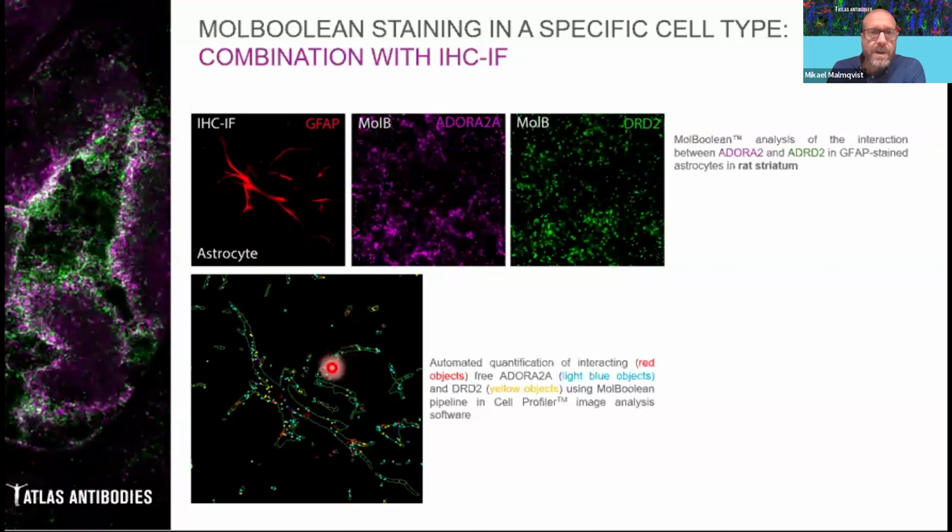And during MolBoolean image analysis, you can choose to only quantify objects that overlap with the staining of the astrocyte marker protein, like this image is showing. So we have quantified the number of interacting objects in red here, and the free Adora A2A in blue, and the DRD2 objects in yellow, but only in areas overlapping with the GFAP staining.